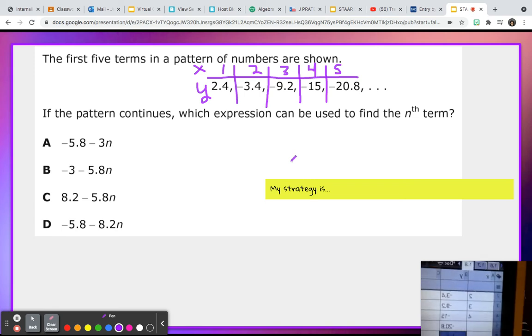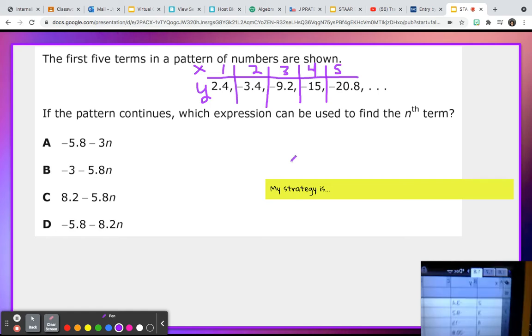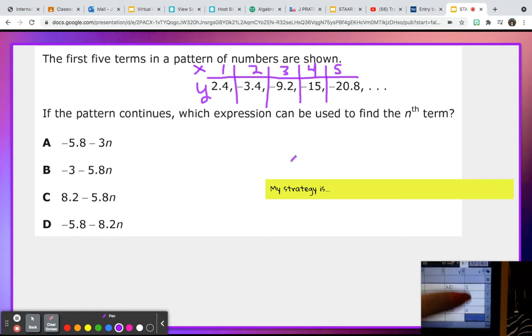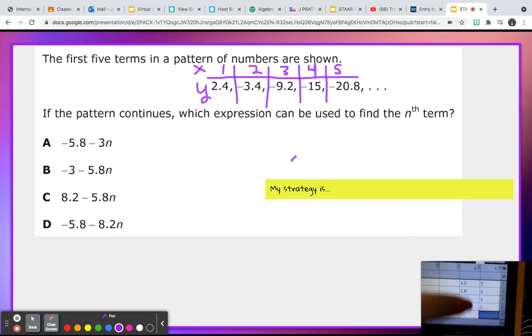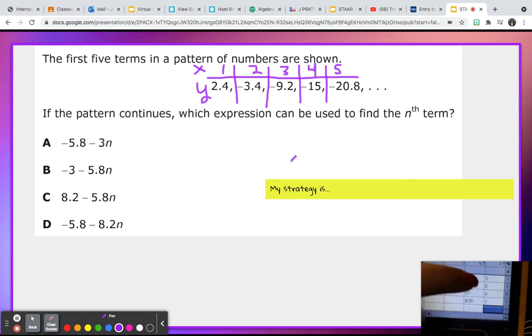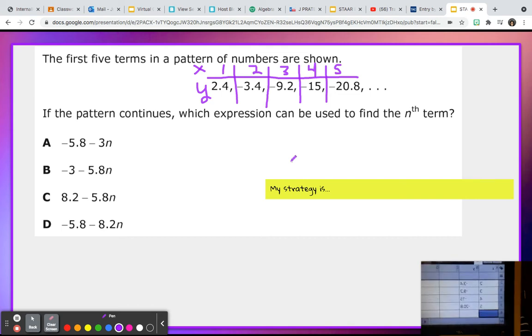So I have placed, oops, this is the fifth term, so I should have put 5. So there we go, we got all the x values, the position of the terms, and then my y values are all of my numbers in the pattern, right? So the next step is to do what is called a regression.